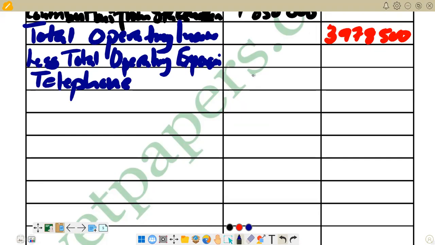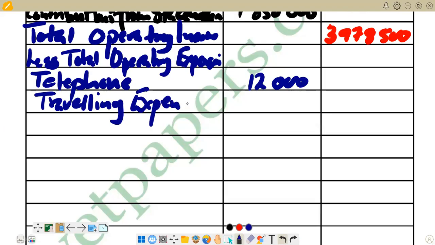Telephone, we have got 12,000. Then we also noticed traveling expenses there. Then for traveling expenses, we have got 65,000. So we can write our 65,000 there.